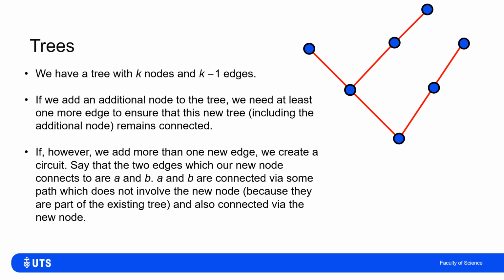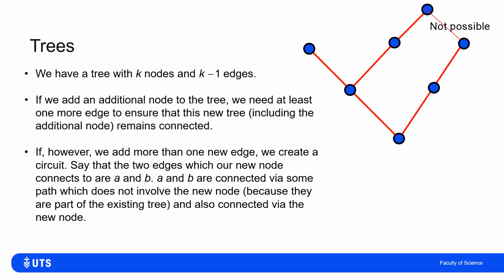then I will definitely create a circuit, because either my new edge loops the new node to itself, in which case it's created a circuit in the form of a loop, or it connects two existing nodes of the graph.